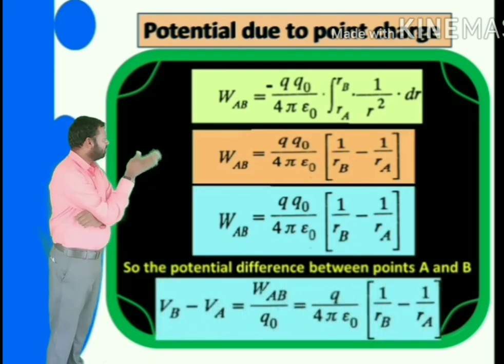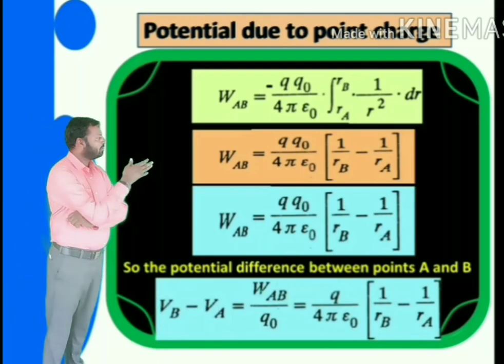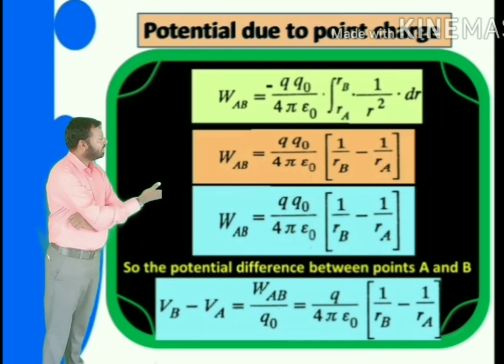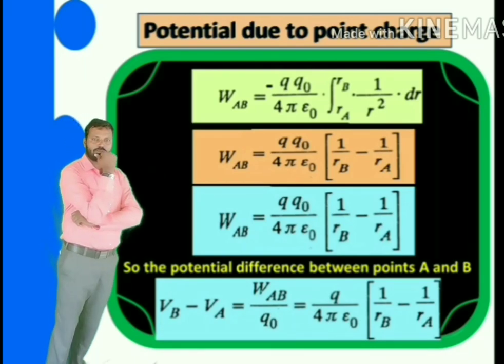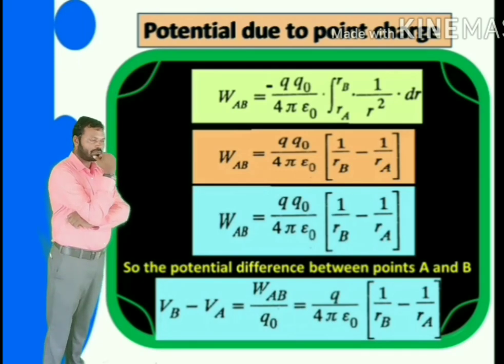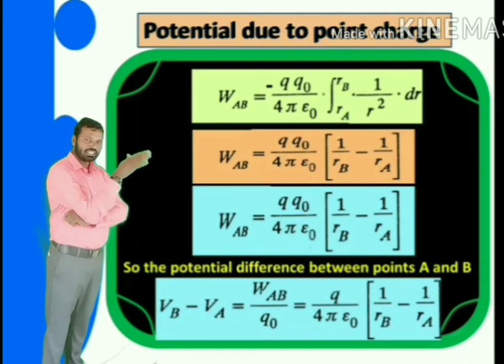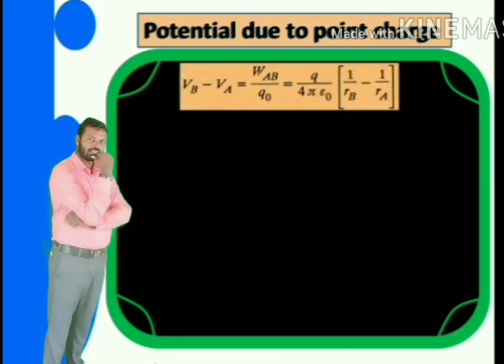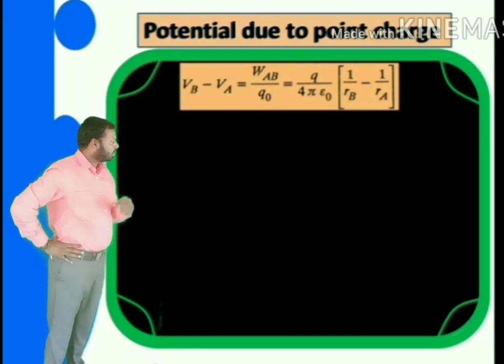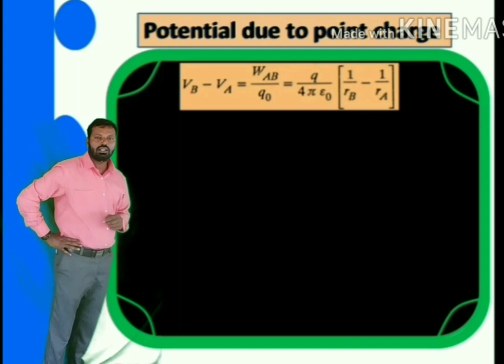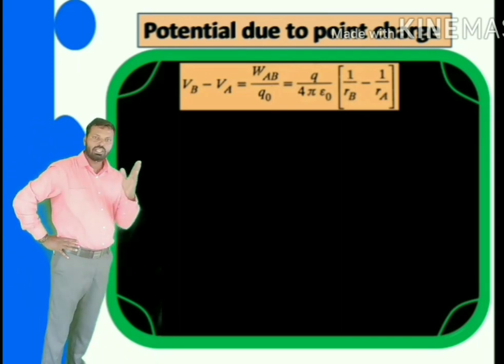So if I substitute WAB from the above equation, VB minus VA is equal to WAB by Q0. What is WAB? Q Q0 by 4 pi epsilon naught into 1 by RB minus 1 by RA. If I substitute that one, Q0 gets cancelled, then what I will get? VB minus VA is equal to Q by 4 pi epsilon naught into 1 by RB minus 1 by RA.